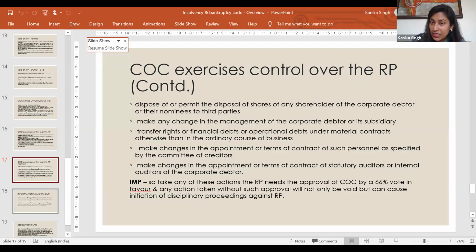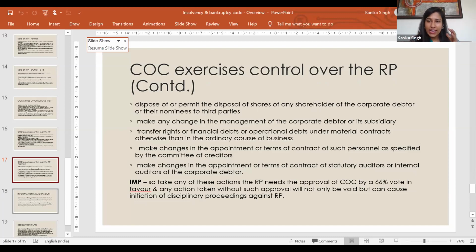If he does anything without taking approval of the committee of creditors, that action becomes void. And in fact, disciplinary proceedings can be taken out against such a resolution professional. So he needs to do everything with 66% voting approval of the committee of creditors.